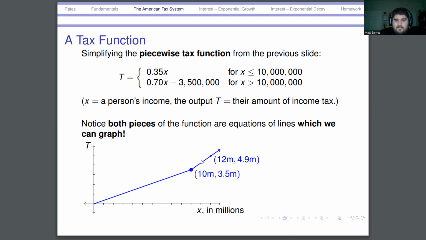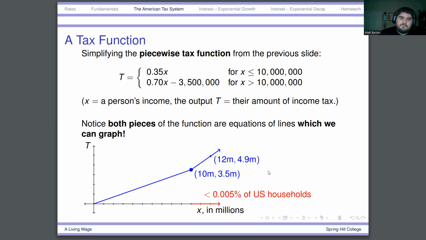And so you can see how our taxes change as we're increasing. Once we hit that 10 million, it doesn't shoot up drastically because our whole thing is not being taxed at 70%. It's just the leftovers. So it goes up a little steeper, but not too much steeper. And you can see the two examples we did here, for 10 million and 12 million, with both their input and their output.